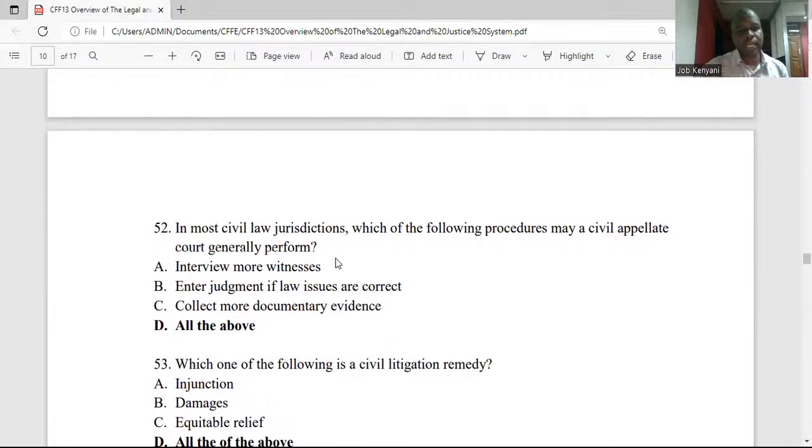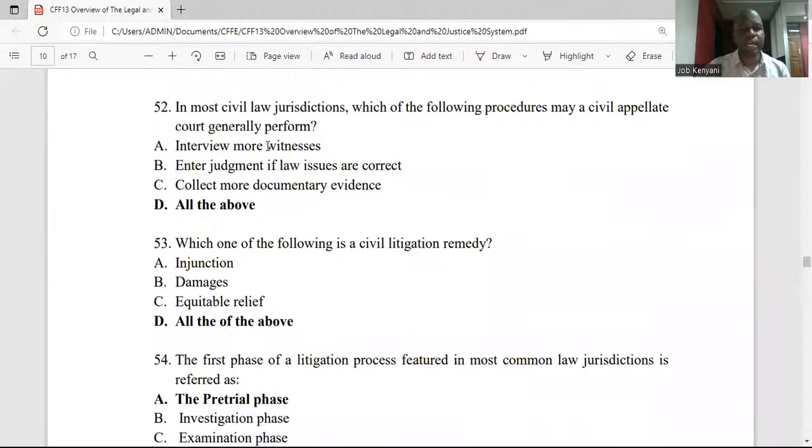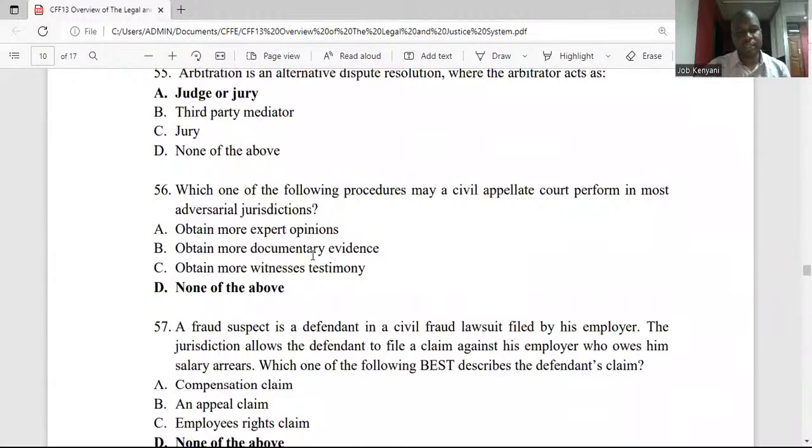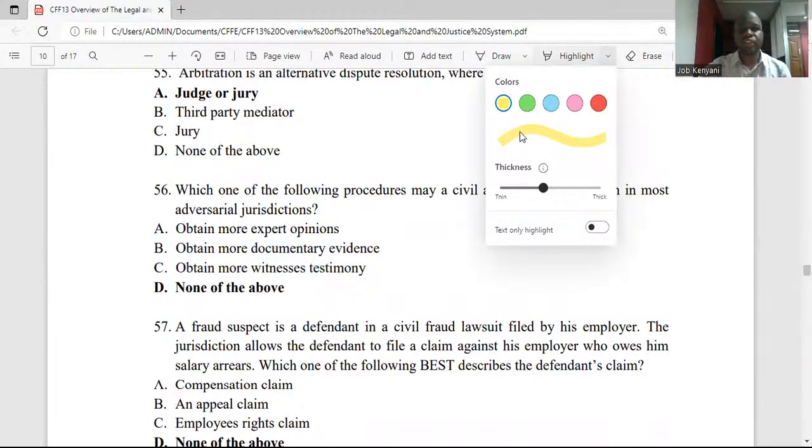This one will be applied under the inquisitional process. I think they just twisted the question. So these are the ones that are going to be applied under the inquisitional process, and not under the adversarial process.